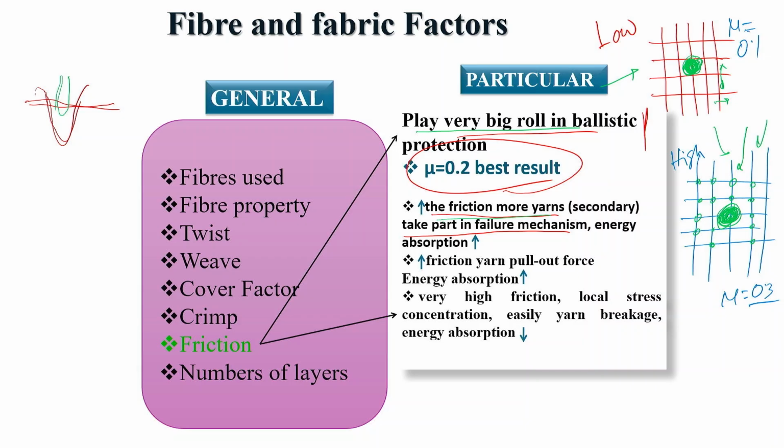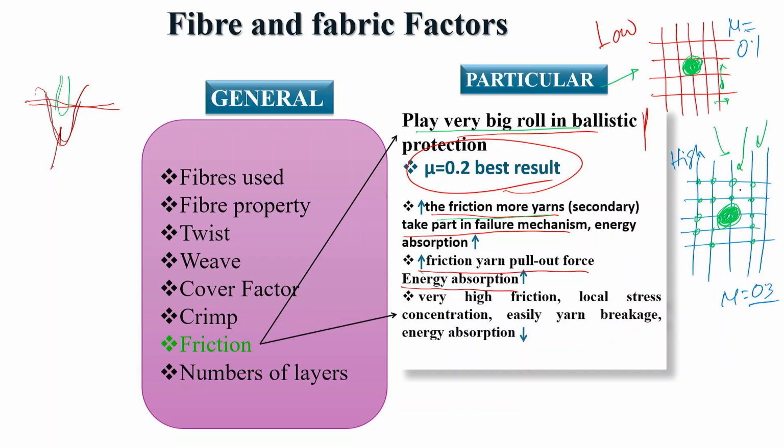And at low friction, that pull out energy will be lower. So, that protection will be lower, but on the other hand in case of high friction, that yarn pull out force will be high and it will absorb more energy.